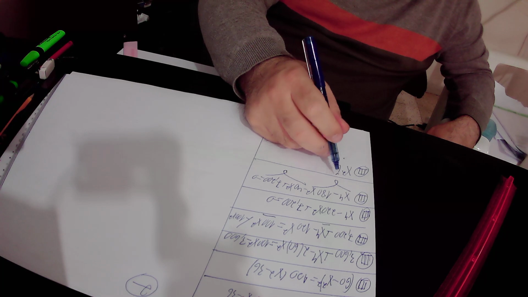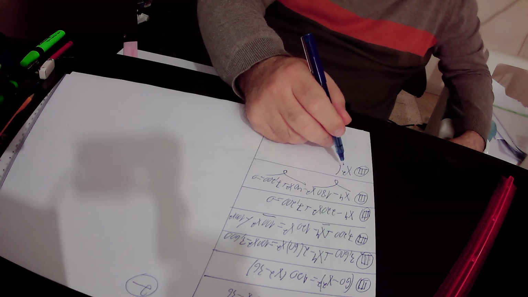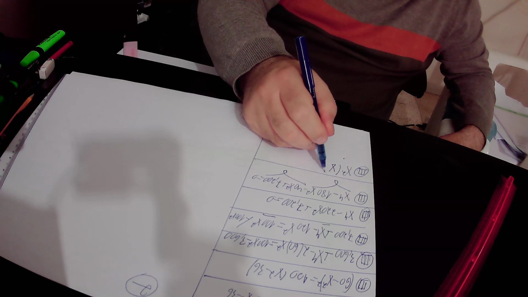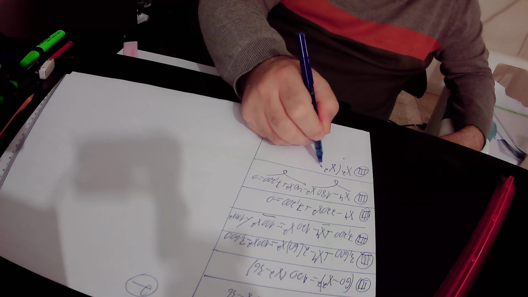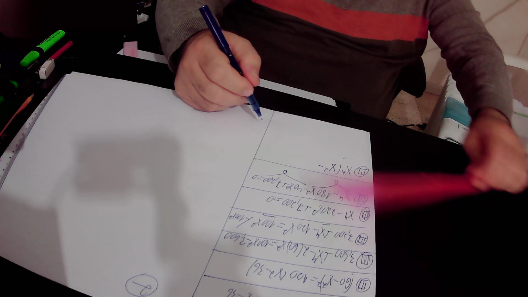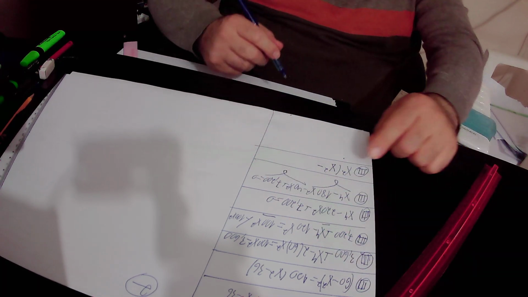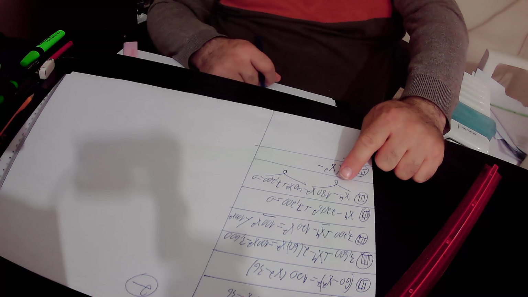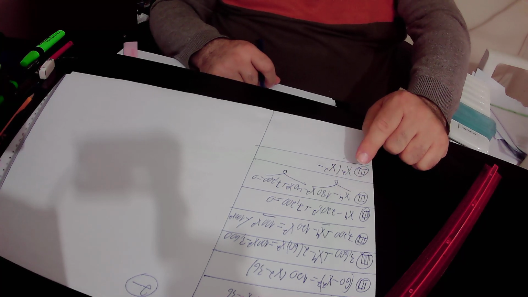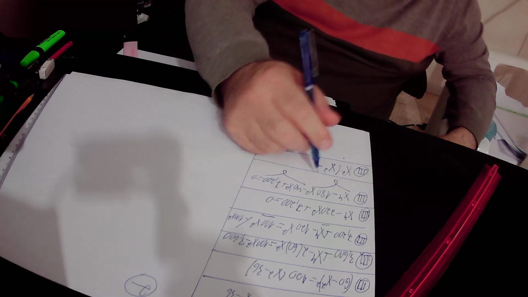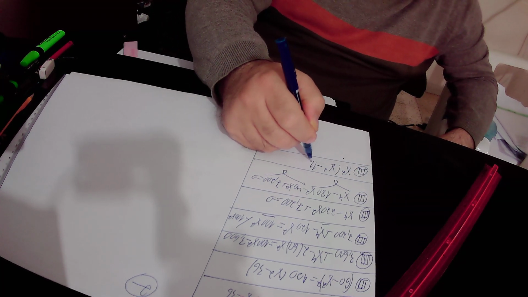What is left from x to the power of 4 after we took from it x squared as a common factor? What is left is actually x squared minus, here, what is left from minus 180 x squared after we took from it x squared as a common factor? What is left is actually minus 180.